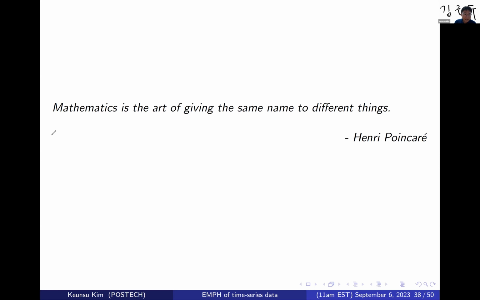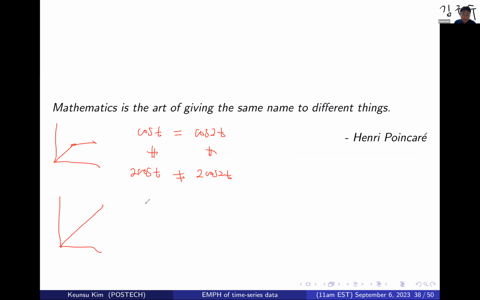Because in the previous example of curved filtration, cosine t equals cosine 2t, and 2 cosine t is different from 2 cosine 2t. But if we select the diagonal ray, then in the barcode sense, cosine t equals cosine 2t, and 2 cosine t equals 2 cosine 2t, and they are different.